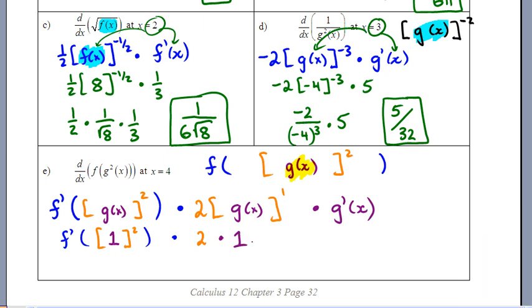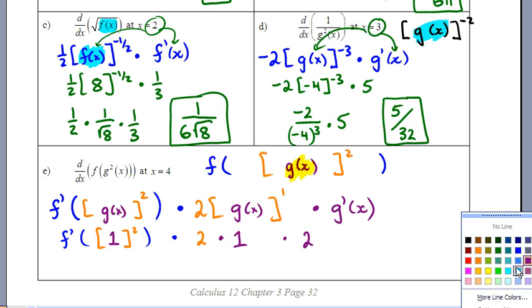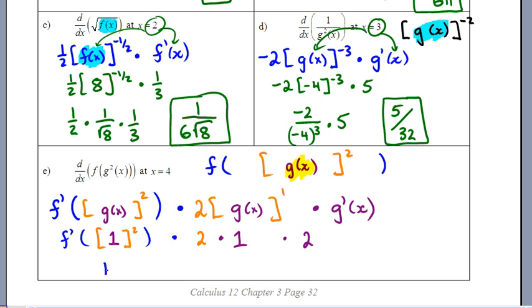That's not too bad. Now g prime of 4 is a 2. Okay, f prime of, well, of a 1, really. So f prime of 1 is 11.5, according to the rules there. So 11.5 times a 2 times a 2. That is going to be 2346.